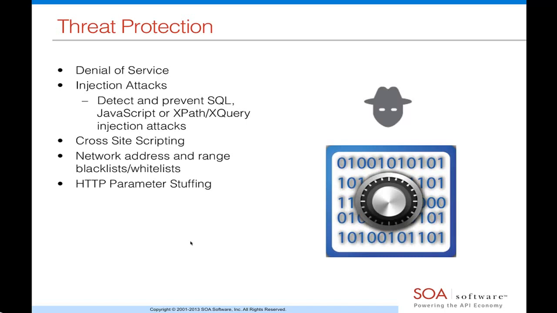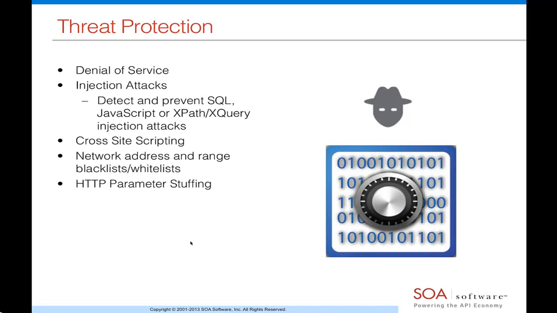Then there are injection attacks. There are things like SQL query attacks, which were prevalent in the web world, web applications. A lot of SQL injection queries have been used to compromise the backends, and APIs are not different. APIs could be used as well. There are things like JavaScript, XPath, XQuery injection attacks also.